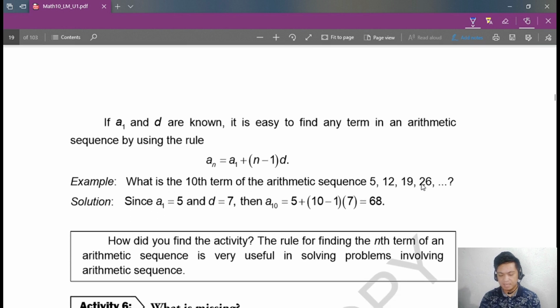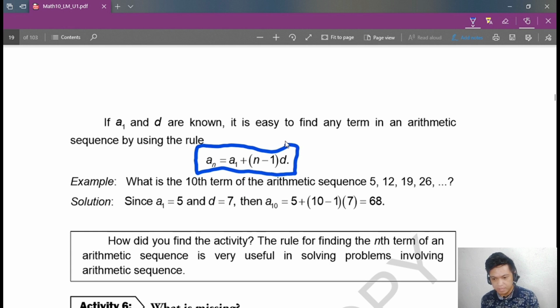So, meron tayong formula na gagamitin sa arithmetic sequence. Okay, this is the formula used in arithmetic sequence. The formula is a sub n is equal to a sub 1 plus the quantity of n minus 1 times d, wherein a sub n, remember nyo yung definition natin, yung mga equivalent natin.